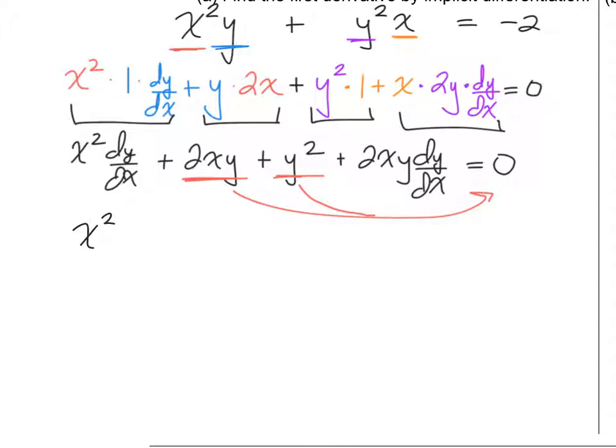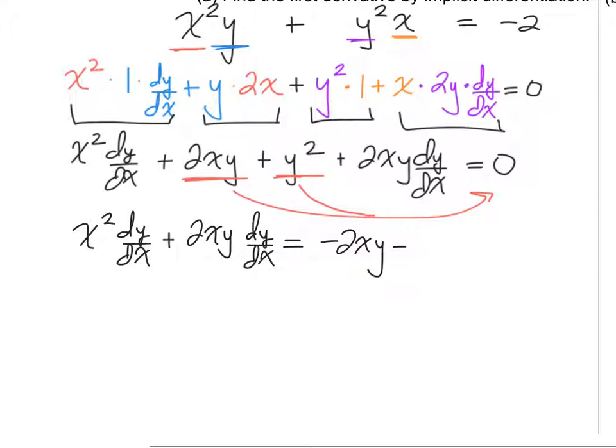So x squared dy dx plus 2xy dy dx equals negative 2xy minus y squared.